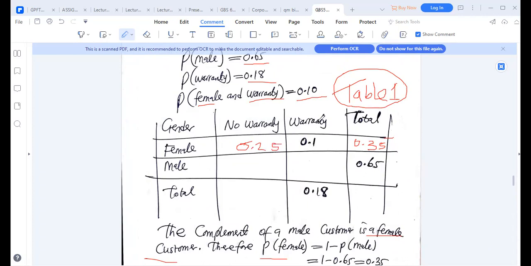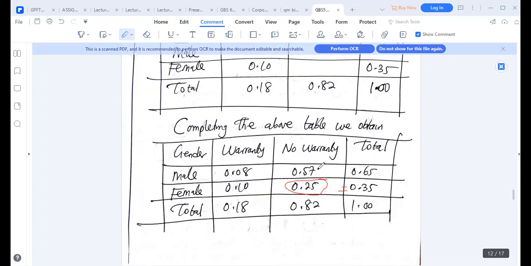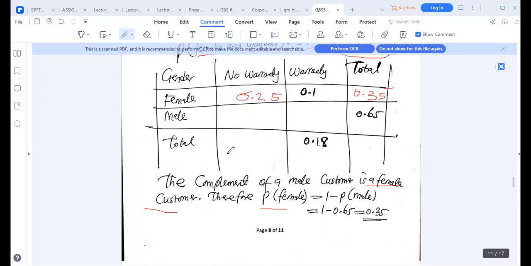Okay, so for the probability of male and warranty, we can subtract, which will give us 0.08, so that as we add, we can get this 0.18.